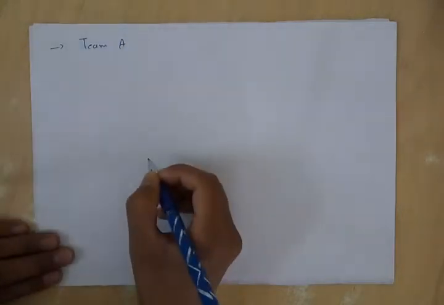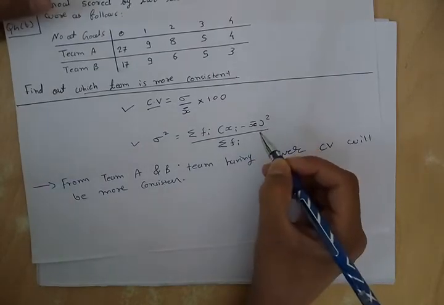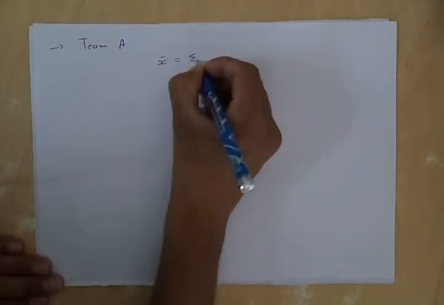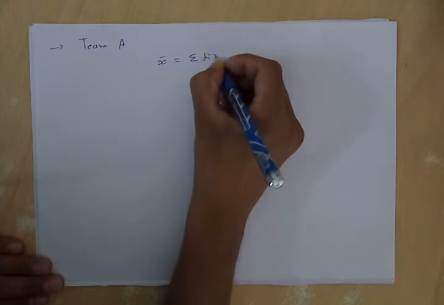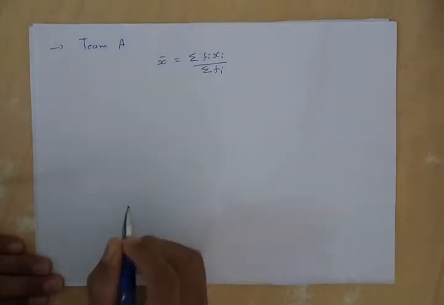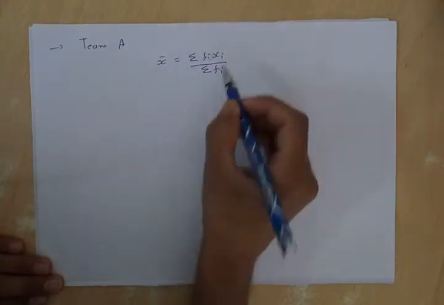So for that we have to first calculate this mean number of goals scored by team A. So this we can calculate using this formula, sigma fi xi divided by sigma fi. So we have to calculate all these terms.